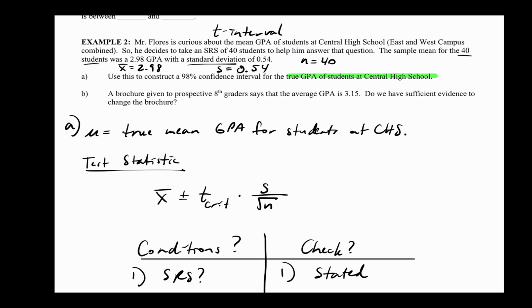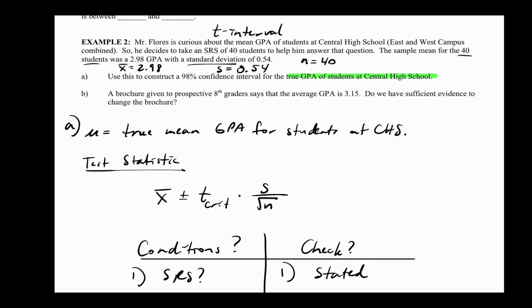Part B says a brochure was given to prospective 8th graders that says that the average GPA is actually, so there's a claim, 3.15. Do we have sufficient evidence to change the brochure?